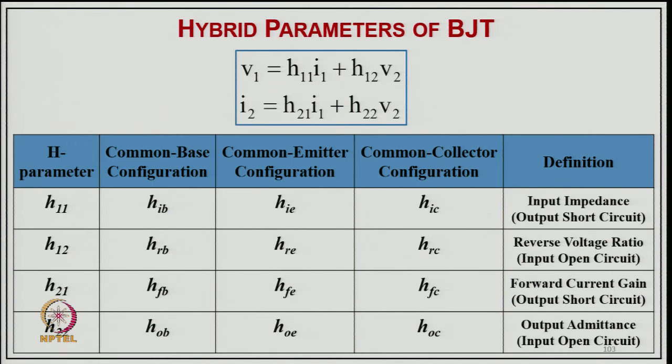These are the input impedance with output short circuited, the reverse voltage ratio with input open, the forward current gain with output short circuited, and the output admittance with input open. This is the same configuration we thought of in the two port network, and we calculate all these H parameters in the same manner, which we already discussed in detail.